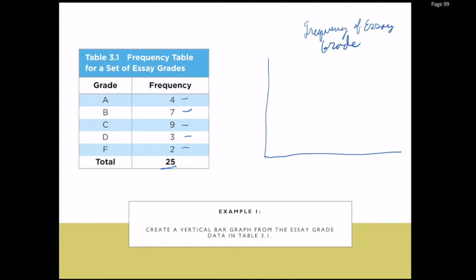This is going to be the grades that the students have. I've got my y-axis. This is going to be the frequency of the grades occurring. I should mark my scale. So let's do 1, 2, 3, 4, 5, 6, 7, 8, 9. And my grades were A, B, C, D. I almost wrote E, F.